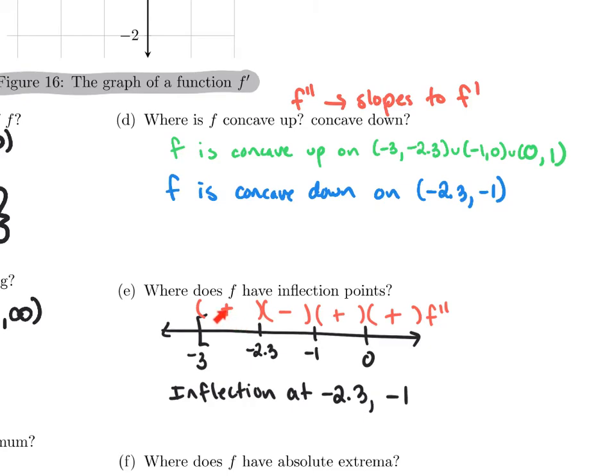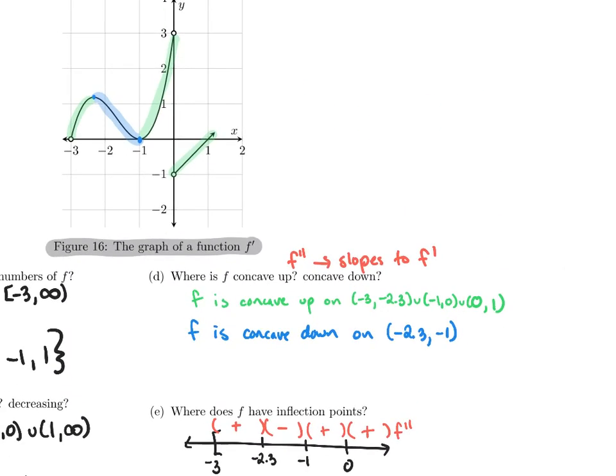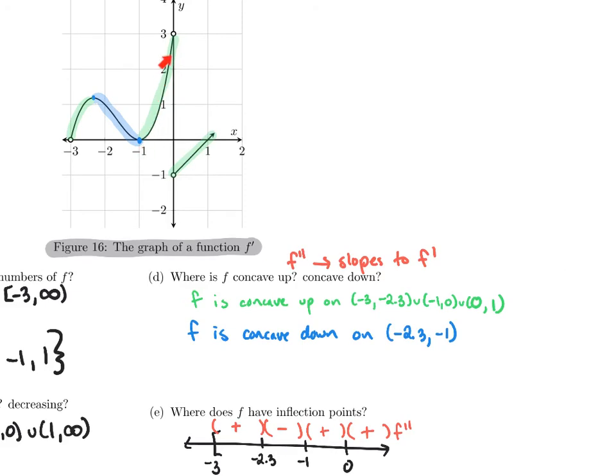So we change concave up to concave down to concave up, and then at 0 we actually don't change concavity, we just sort of change the shape of the function without changing concavity. In fact, what happens to the function there, the derivative on the interval -1 to 0 looks like it's cubic, so that means the antiderivative will be a fourth degree.